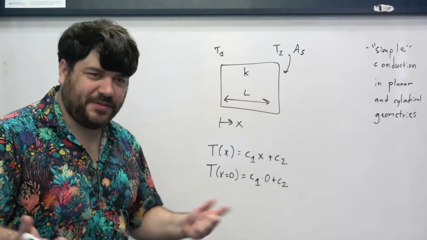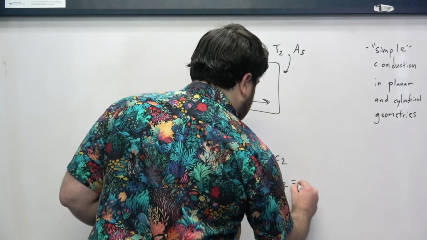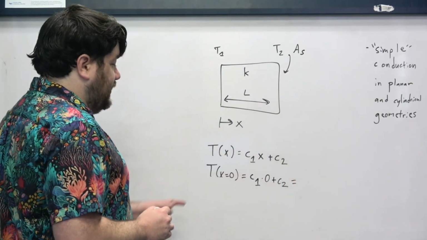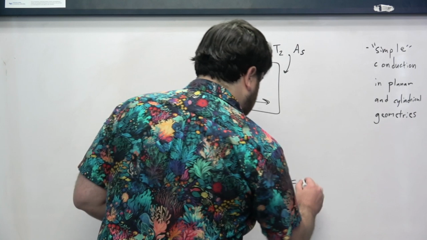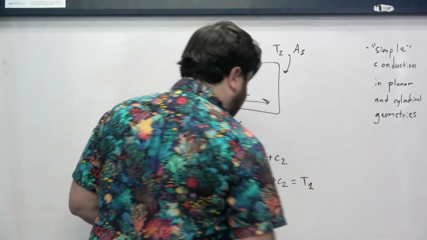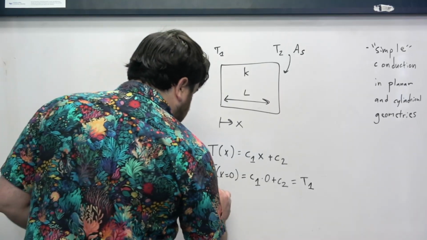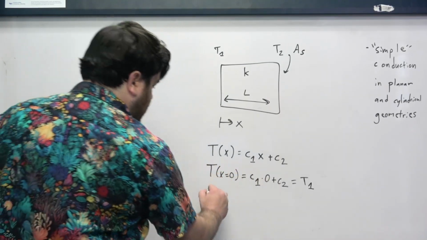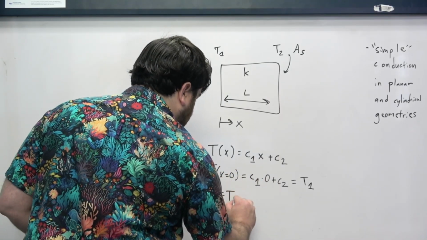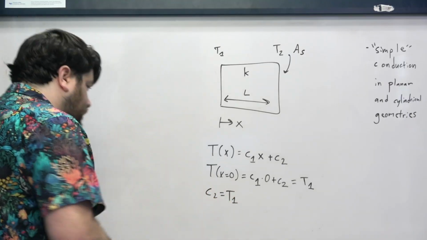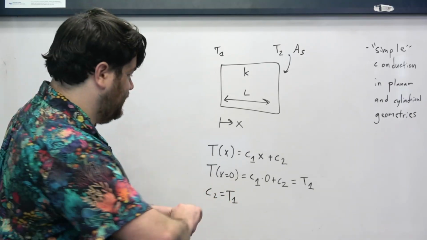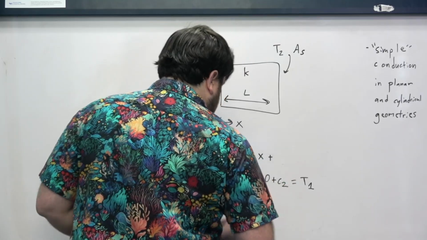And so, of course, the C1 is going to go away. And then this has to be equal to T1. So because this is equal to T1, we find that C2 has to be equal to T1. So wonderful, right? That tells us what this is.